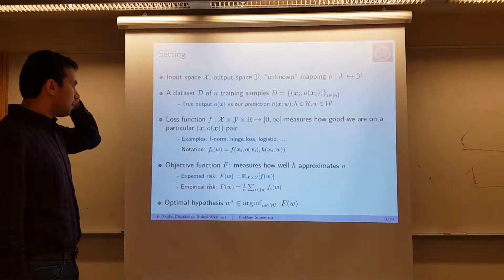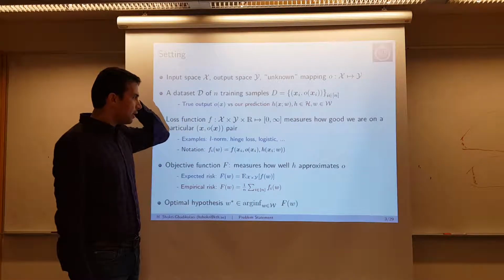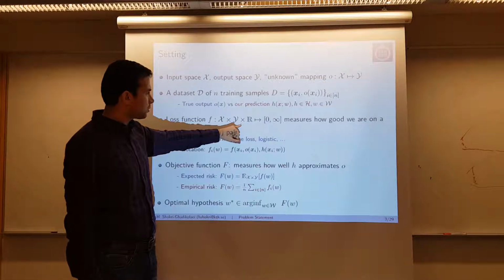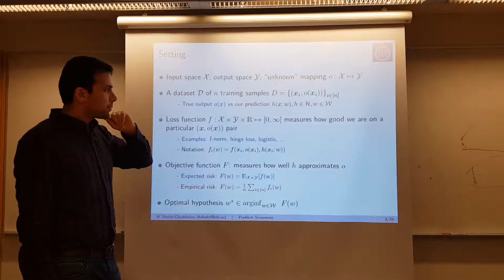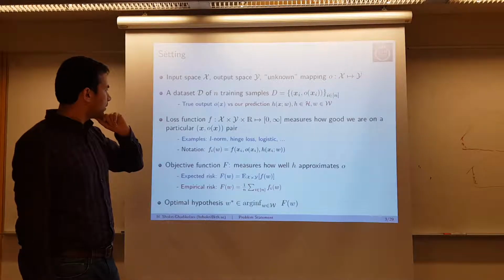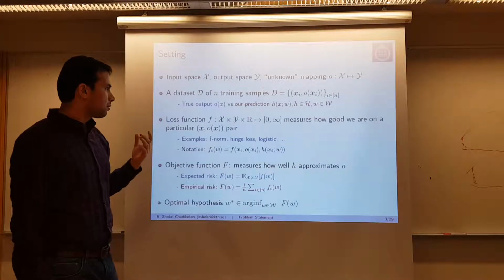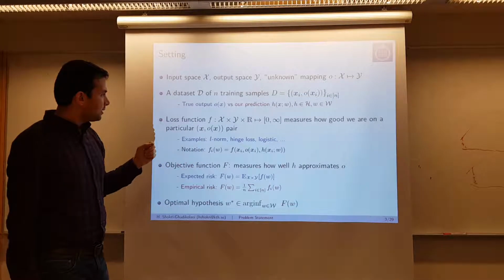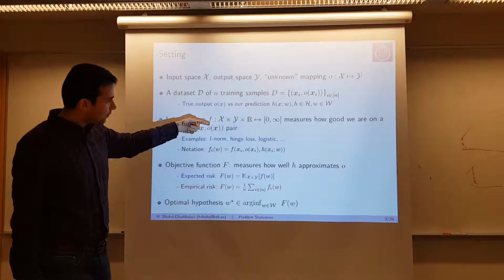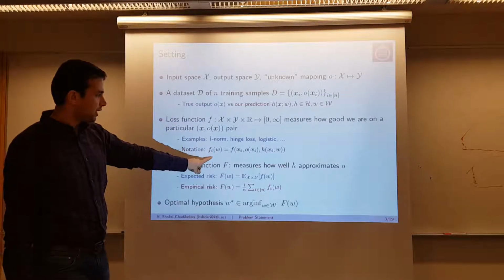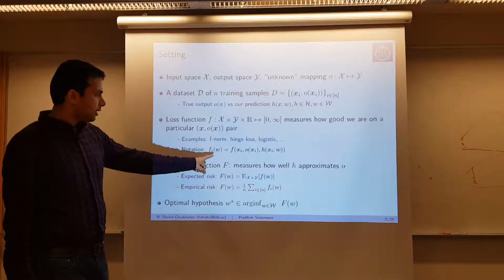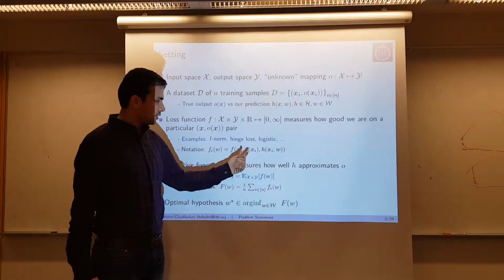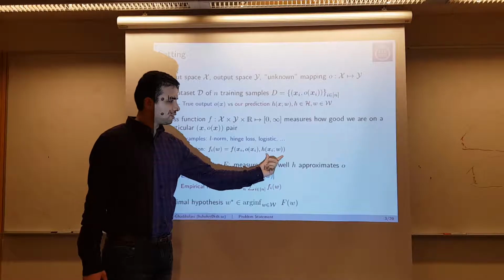Okay. We have a loss function f from the cross space of X, Y, and R that measures how good we are on a particular sample x and O of x pair. And then we have a mapping on f, just another notation, f_i of w is f of x_i, O of x_i, this sample, and your prediction.